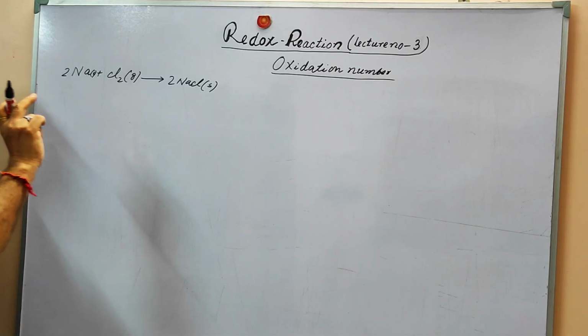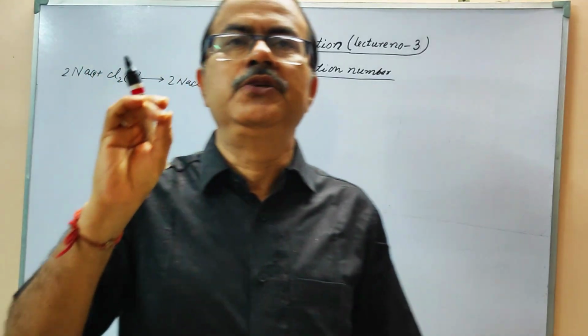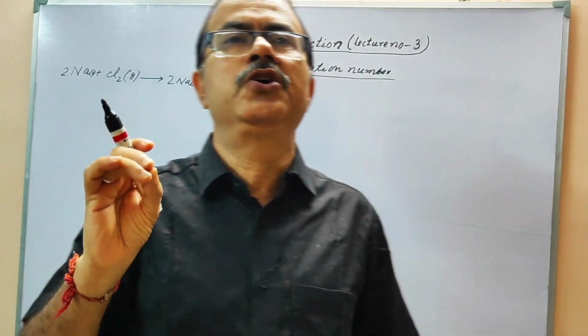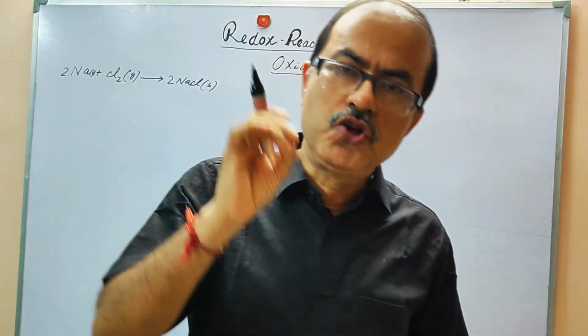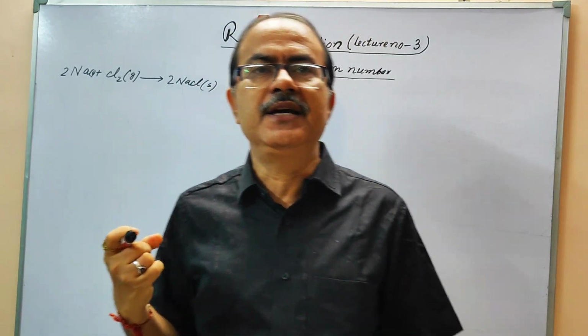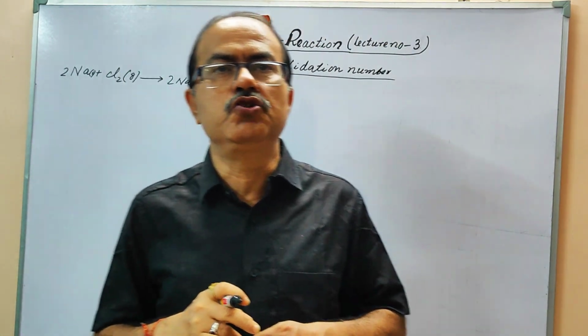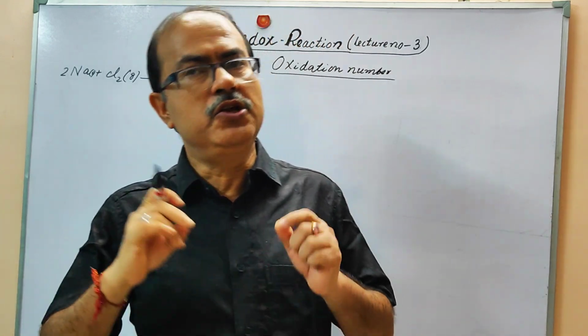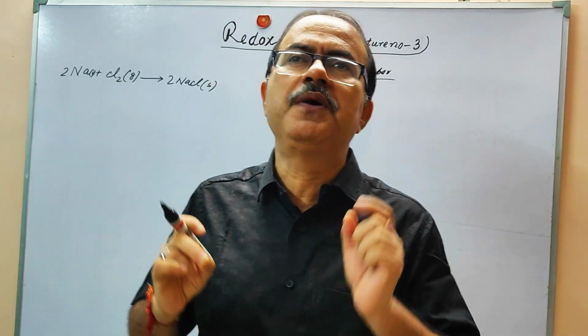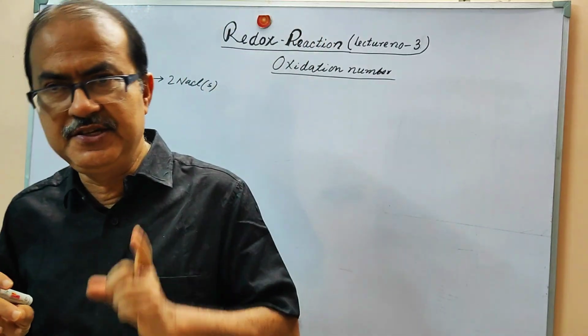In this reaction, you can easily understand that sodium loses electrons, and this lost electron is accepted by the chlorine gas, and in that process there is formation of a bond, that is an electrovalent bond, and electron transfer is very much clear, very much evident in this reaction.